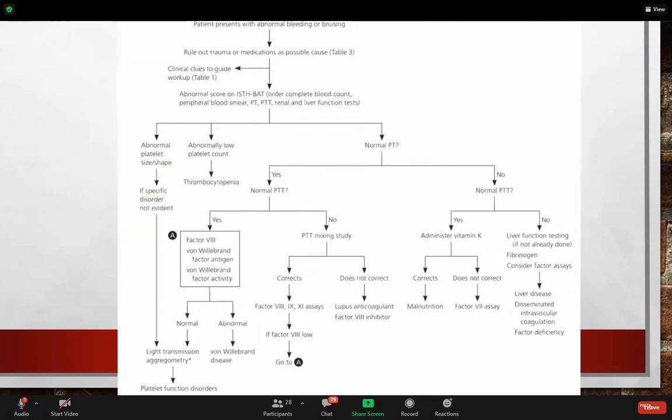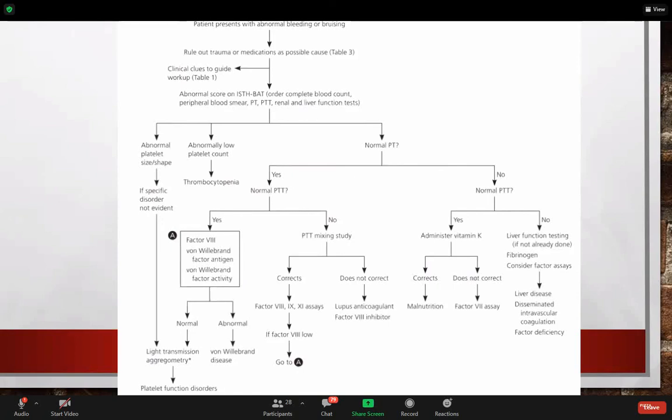Let me see. Let's take things as simple as someone just walking in with a bleeding disorder. Okay? How to approach them.